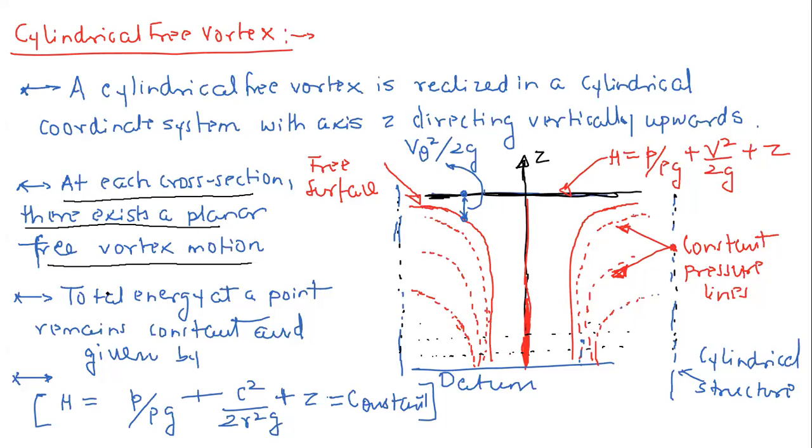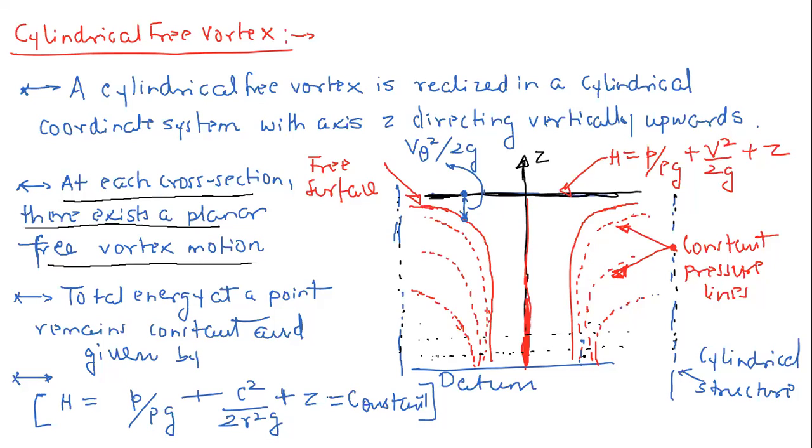Now, we already know the total energy at a point remains constant. If you go to a particular cross section, then the total energy at a particular point, along the streamline, that means if you move in a plane perpendicular to the plane of this PowerPoint presentation, then the mechanical energy is going to remain constant. Or even if you take 2 points here, let's say 1 and 2, then also the mechanical energy is going to remain constant.